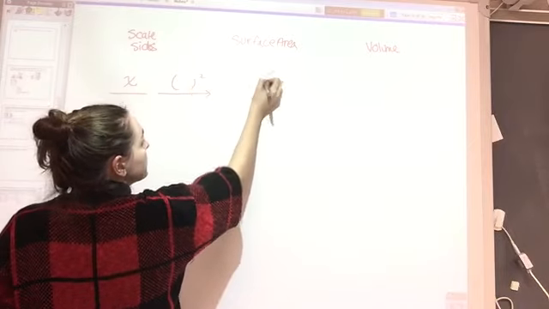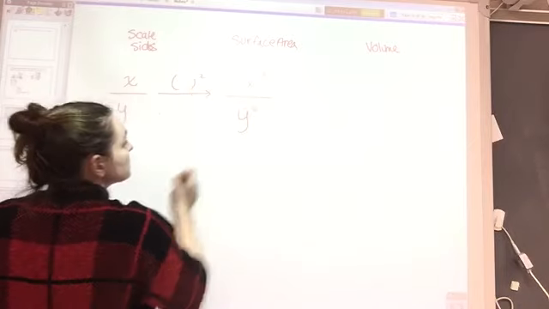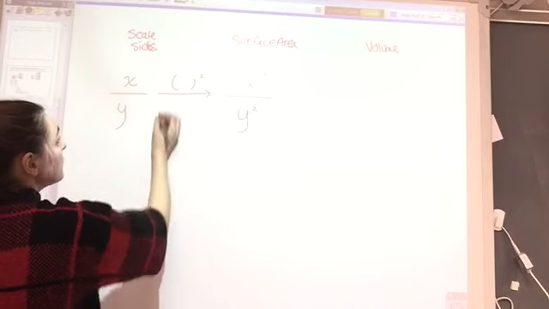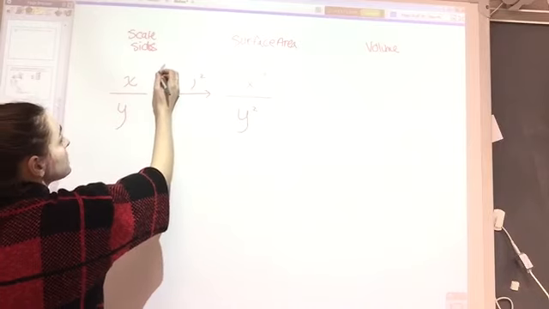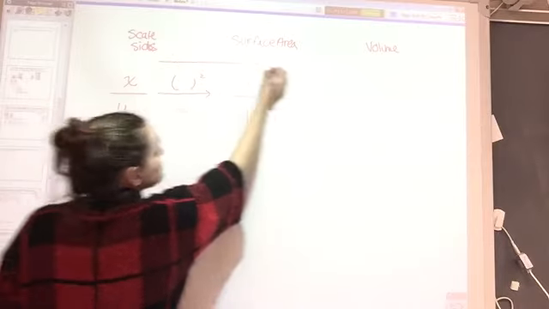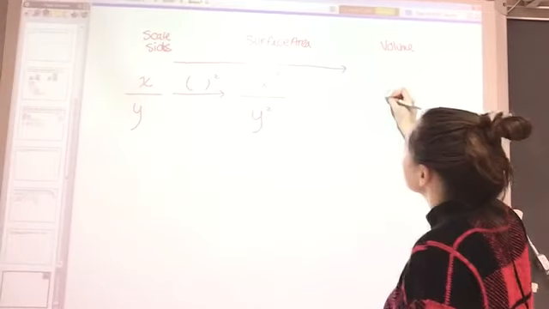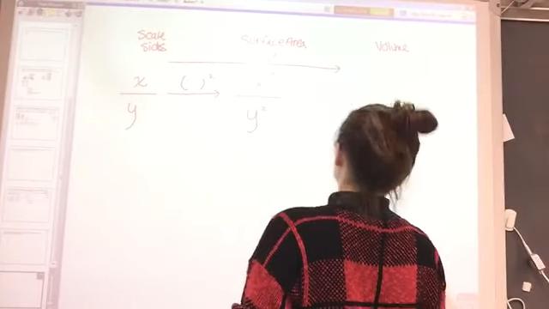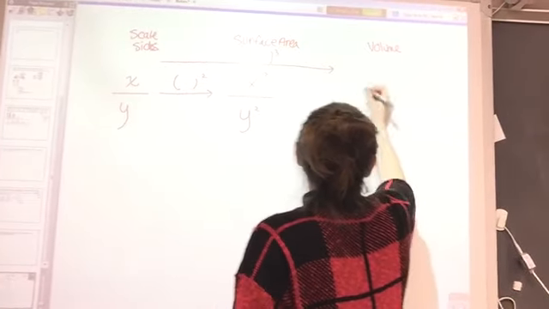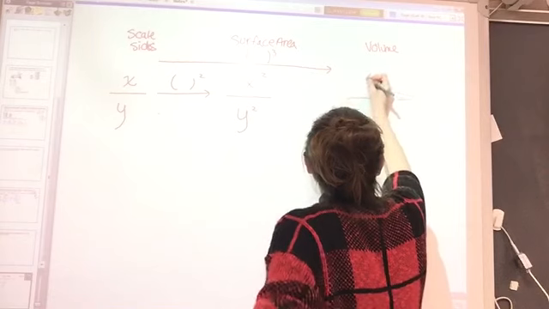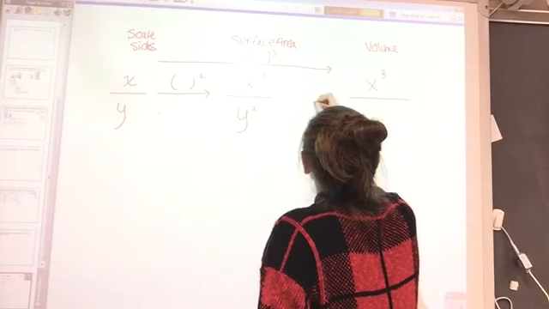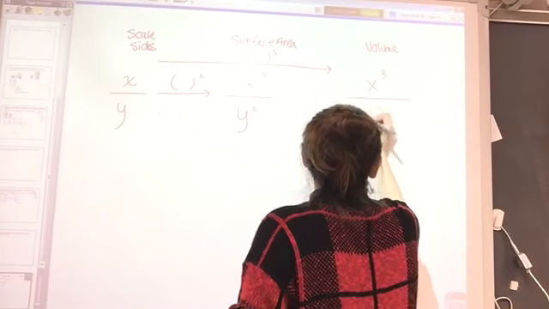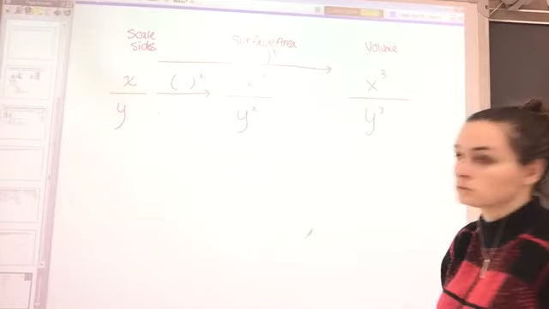So it'll be x squared and y squared. To go from the scale factor of my sides to the scale factor of my volume, I would cube it. So it's going to be x cubed, y cubed.